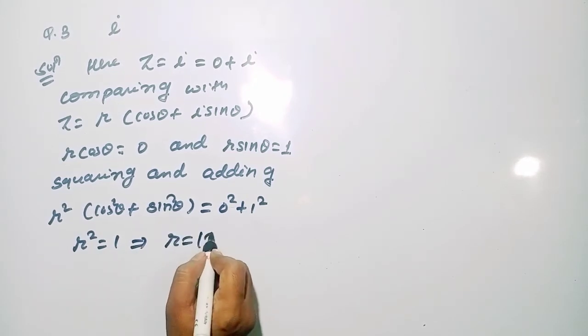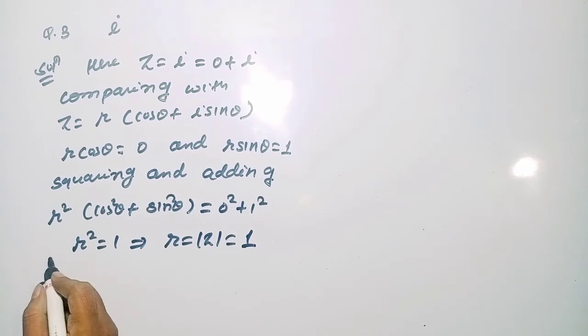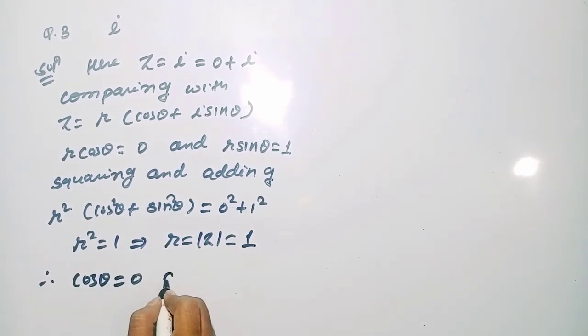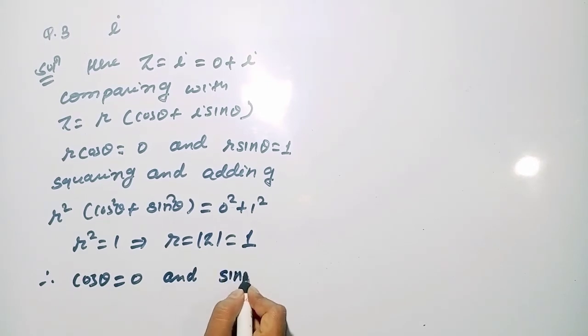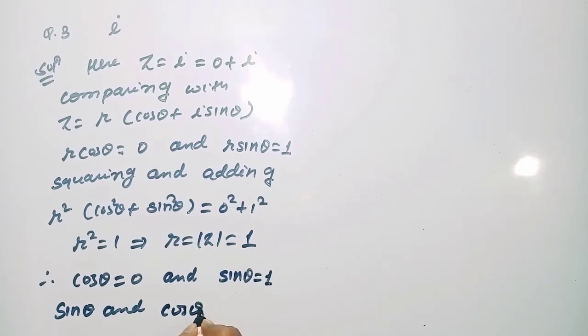So r is the modulus of z, and this is 1. Now putting the value of r in the given result, 1 cos theta is equal to 0 and 1 sin theta is equal to 1. So we are getting cos theta is equal to 0 and sin theta is equal to 1. So in which quadrant is cos positive and sin positive? In the first quadrant, both are positive as per the angle.